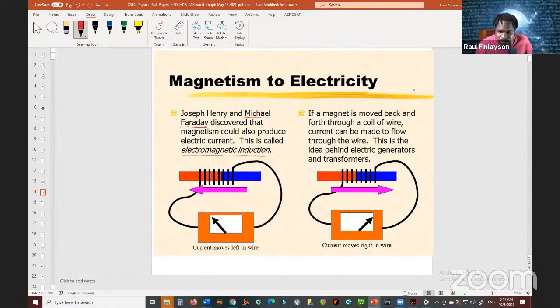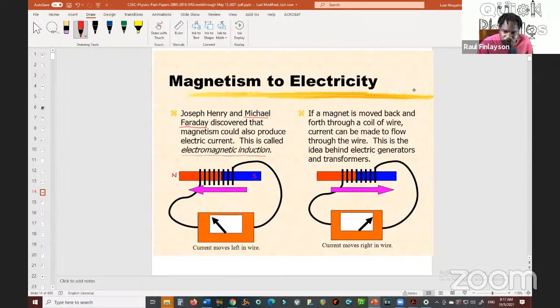This would be the south pole, and this would be the north pole. He realized that when he moved this magnet through the opening, this device measures the tiny current that is produced in the wire.